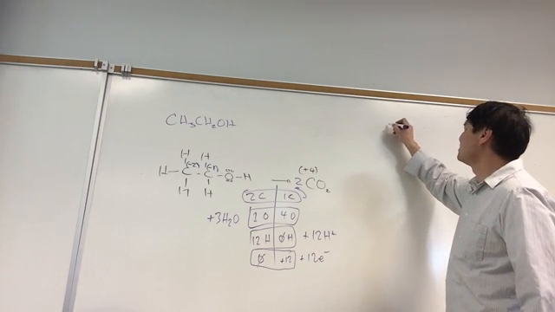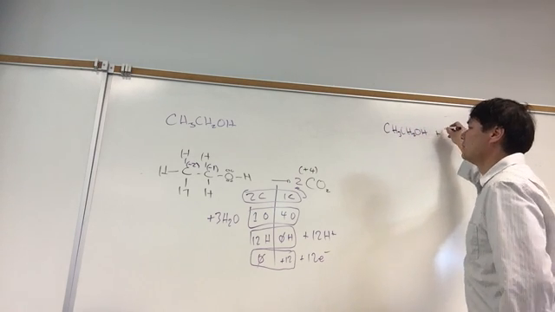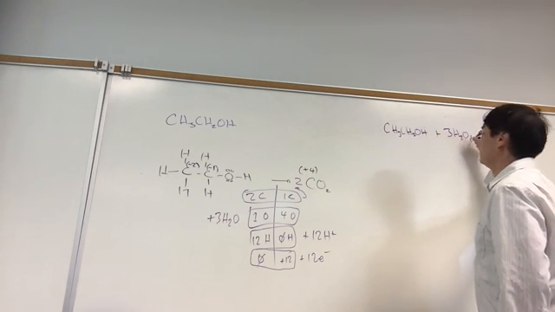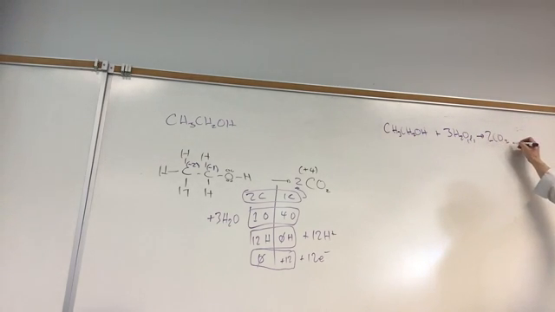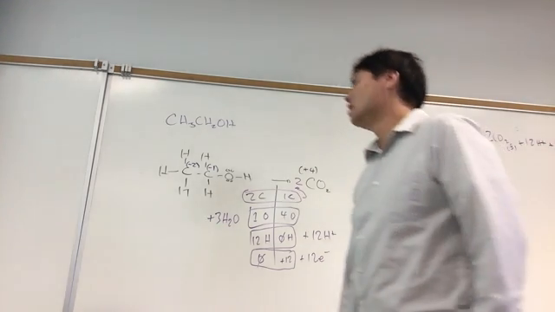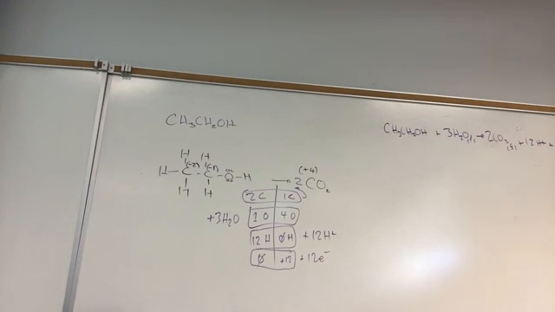The balanced half reaction is going to be ethanol, CH3CH2OH, plus 3 waters yields 2 CO2s, plus 12 H+, plus 12 electrons. This is a good reducing agent. Look how many electrons are produced. 12 electrons per mole of ethanol. It's a good reducing agent.